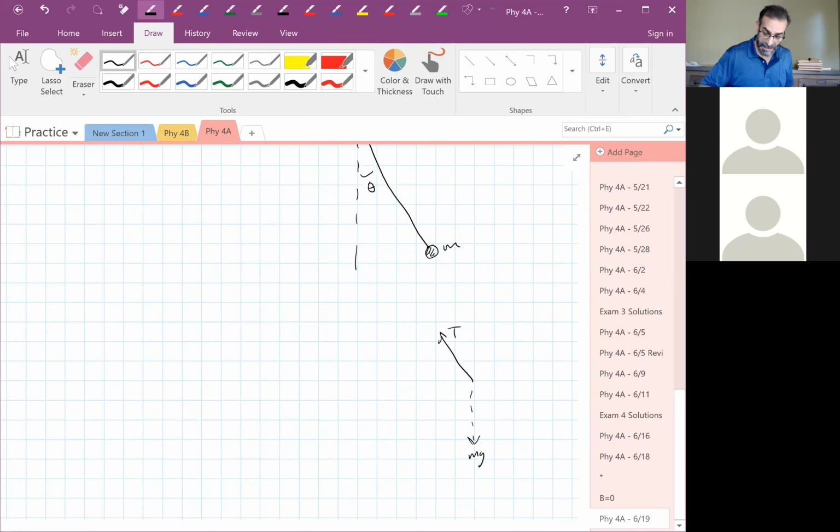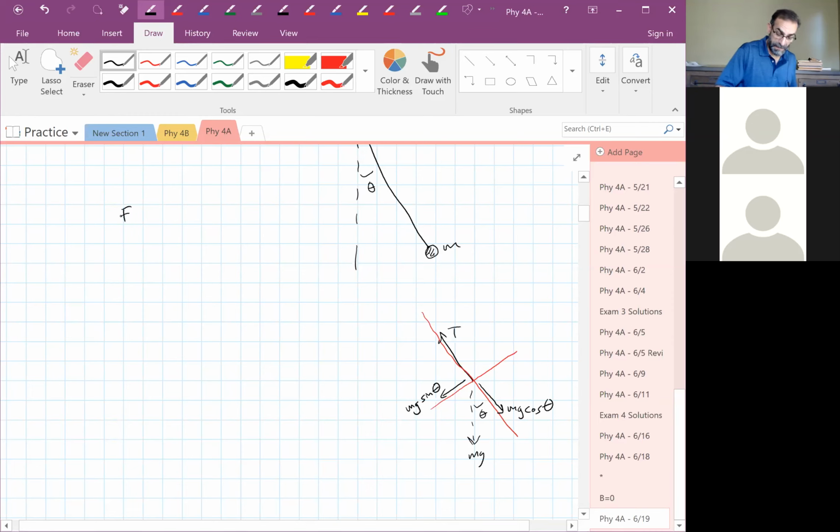What's the coordinate system we want to use? Well, we like to pick the direction of the acceleration. I would pick tangential and radial as my coordinate system. So I'll break up the weight of gravity into mg cos theta and mg sin theta. This is theta, right?